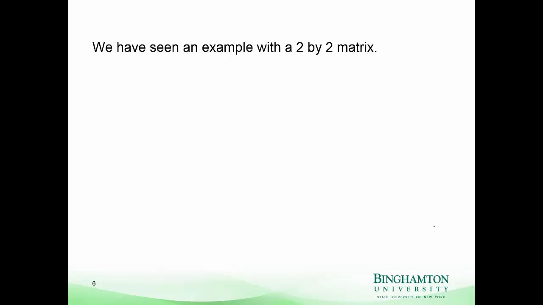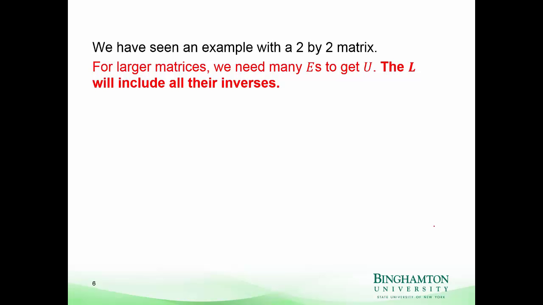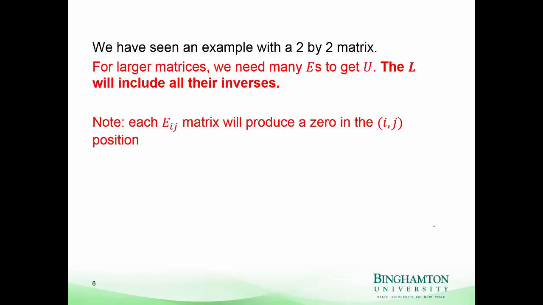So we've seen this with a 2x2 matrix. For larger matrices, there will be a whole string of E matrices that will string together to turn A into the U, and then the L matrix will be composed of a sequence of all the inverses of the E matrices that were used.